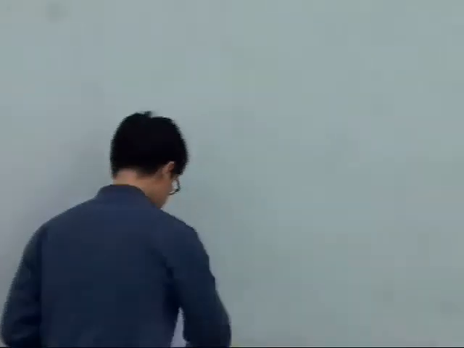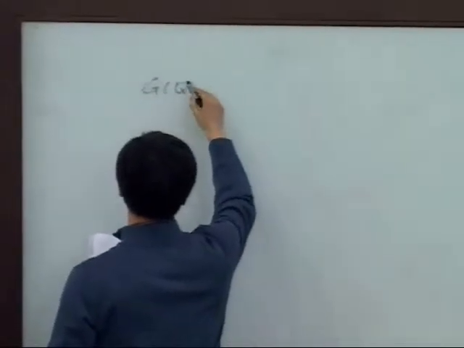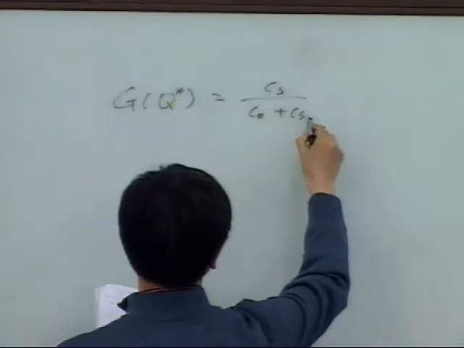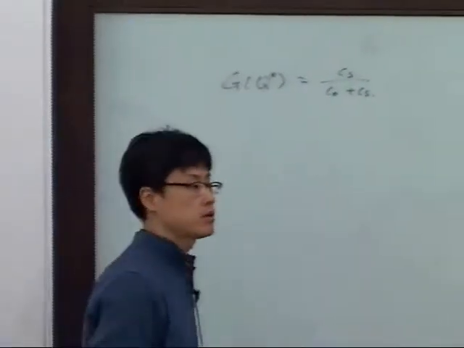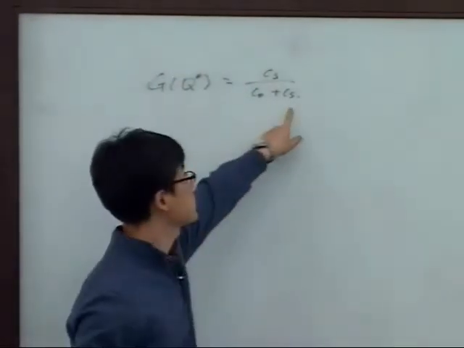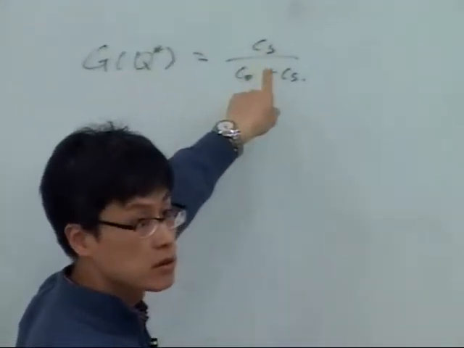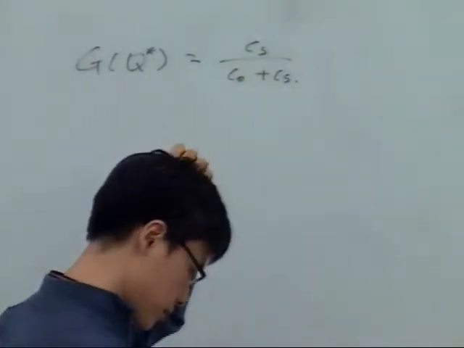We were discussing this newsvendor model, and in the previous class we derived this. As we discussed before, CS means cost of shortage, and CO is cost of overage. So CS over CO plus CS is G(Q star).